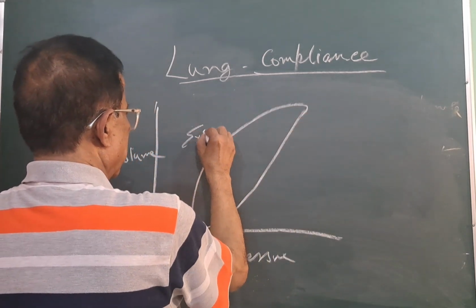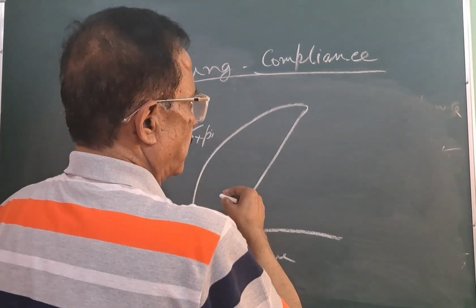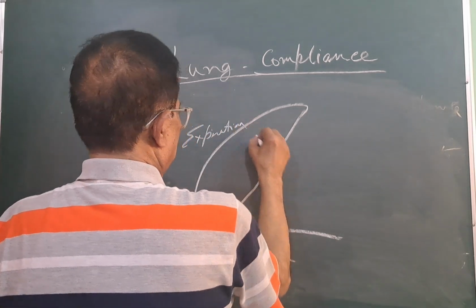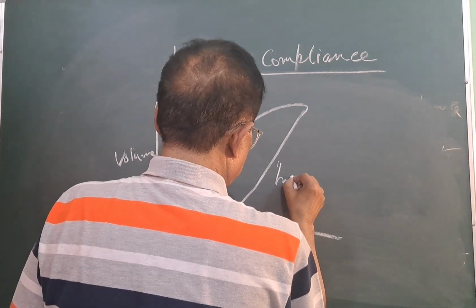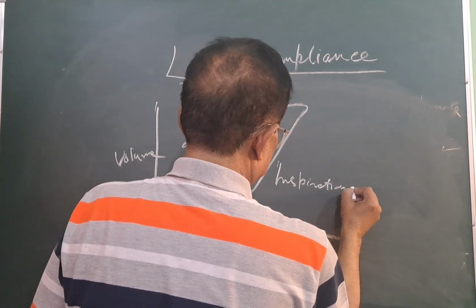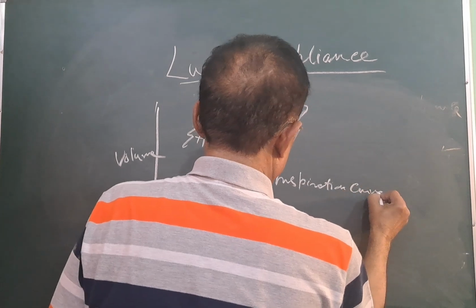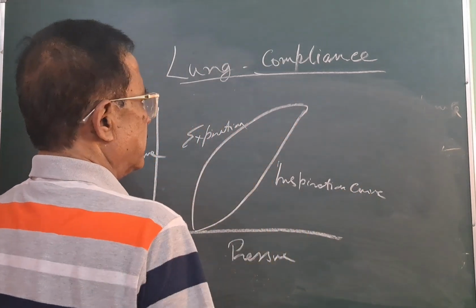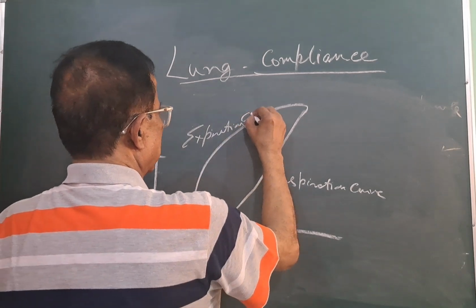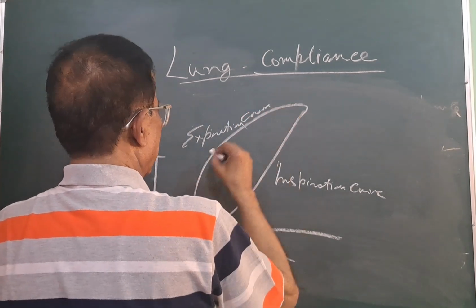The upper part is the expiration curve and the lower is the inspiration curve. The expiration curve is due to airway resistance.